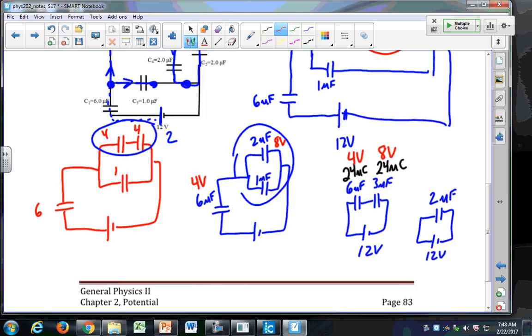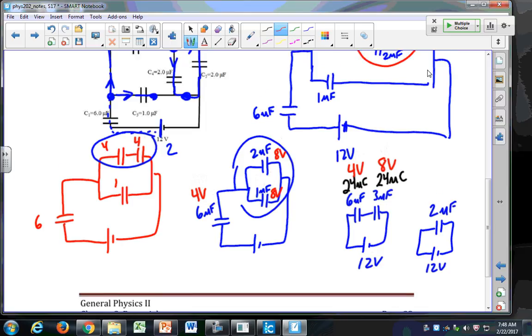I know that I have 8 volts here and 8 volts there because they're in parallel. Capacitors in parallel have the same, what, charge or voltage? Voltage, right. So that'll be the same as for resistors, which is good, but capacitors in parallel have the same voltage.